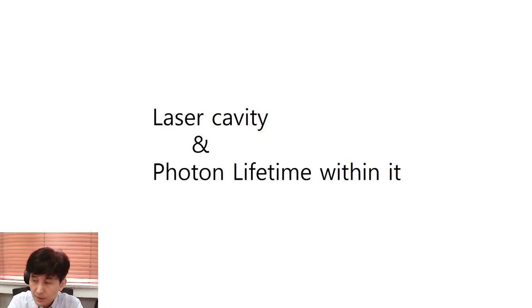Now we'd like to put this same medium into a cavity. That means two mirrors on both sides. Then we can make this laser, and for the two external mirrors we need to consider what is called the laser cavity.